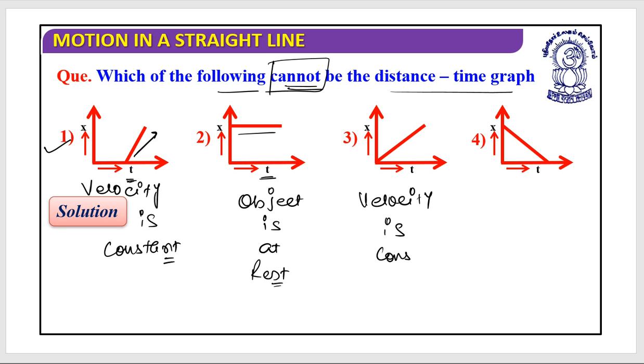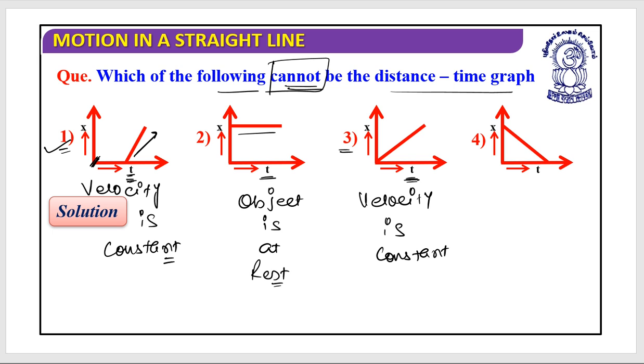The only difference between situation 3 and situation 1 is that in the first case the object has not started from the origin, and here the object has started from the origin, as x equals 0 at t equals 0. Here in the beginning the object may be at rest and then it has started moving. Here in this case, at t equals 0 second, it has started the motion.